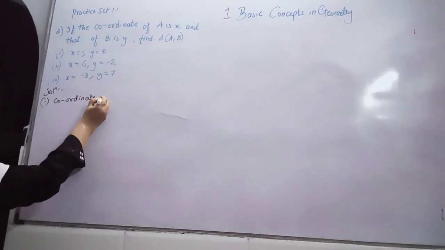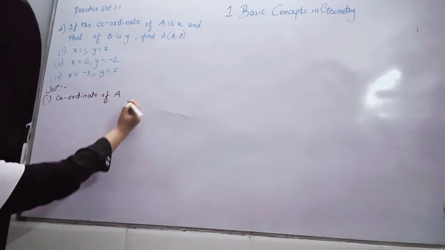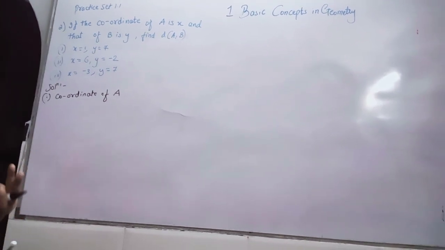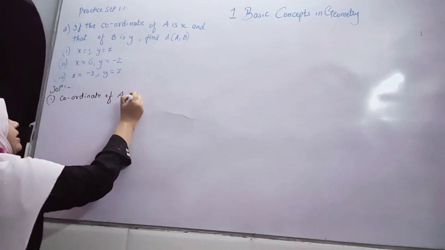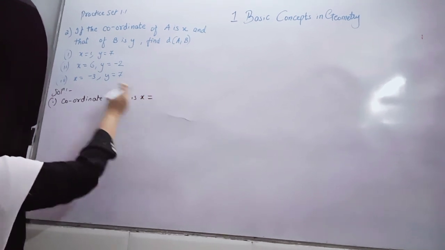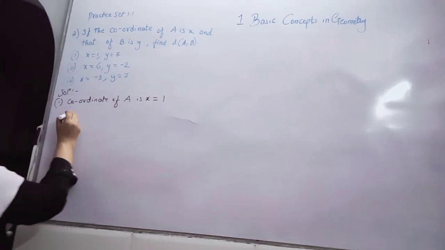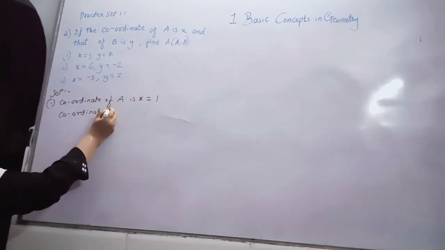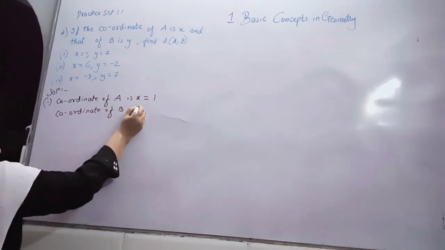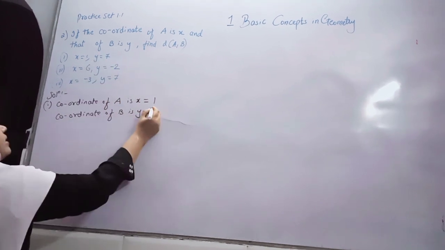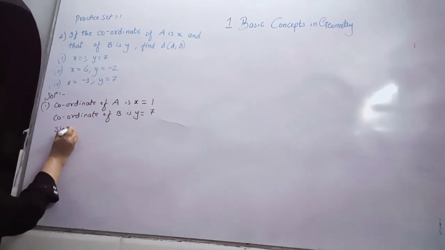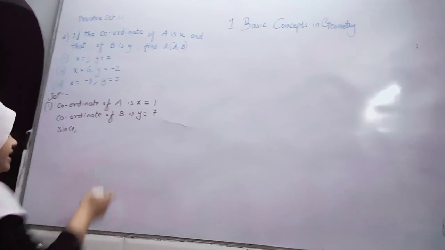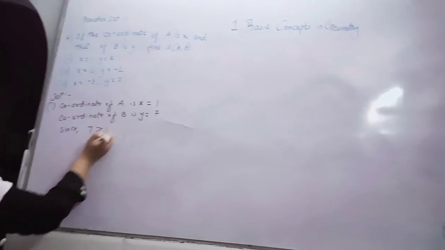Coordinate of A. We have to find the distance between A and B. The coordinate of A is x, and the value of x is given here as 1. Next, the coordinate of B is y, and what is given here? 7. Students, which is bigger? Yes, 7 is bigger than 1.